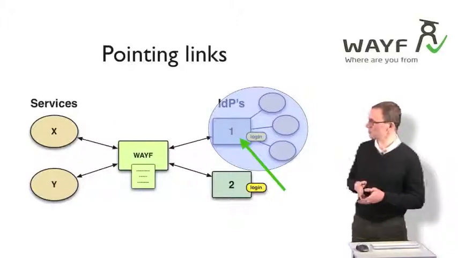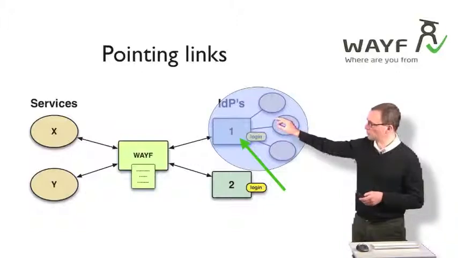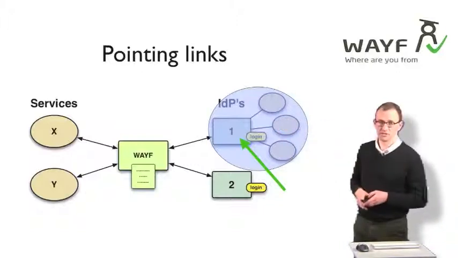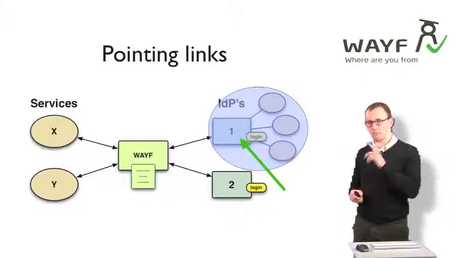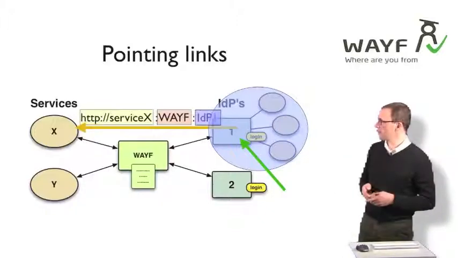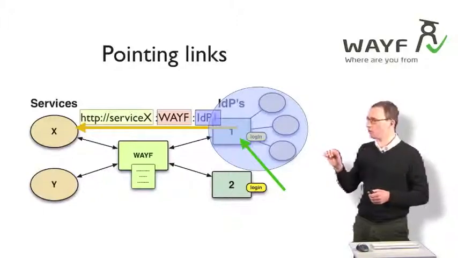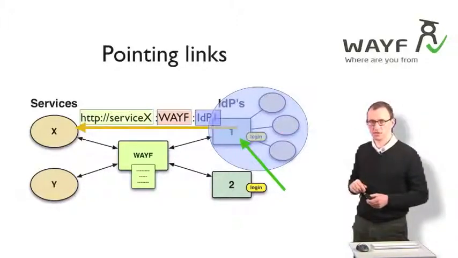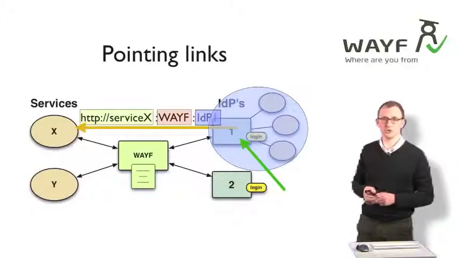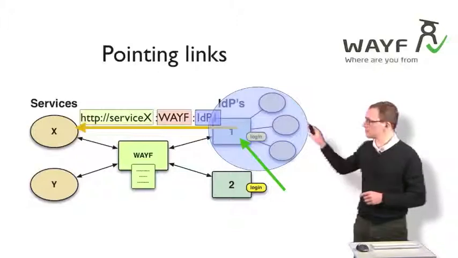So if you now want to integrate one of the external federated services into this link collection in an easy way, you may use pointing links. A pointing link resides in the link collection and points, of course, to the service. But it has more to it. It also points to where you want to log in, and that is the federation.